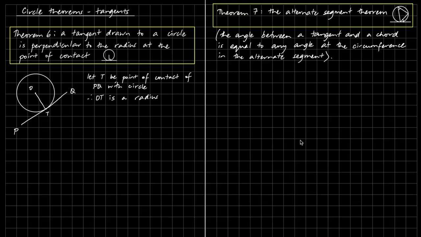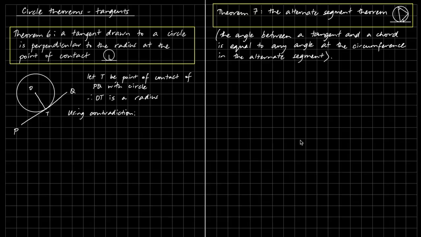Alright, so what we're going to do here to prove that OT and PQ must be perpendicular is actually a little proof by contradiction. Okay, so most of our proofs by contradiction have been to do with numbers, but let's do one here.